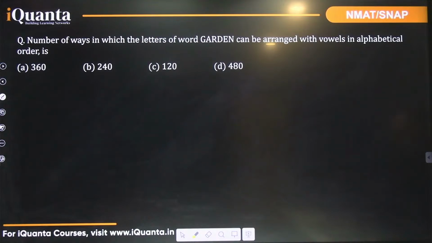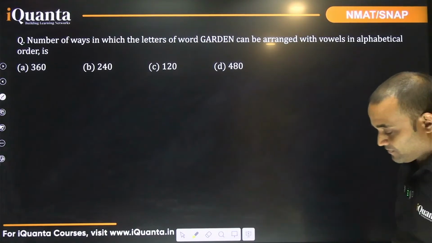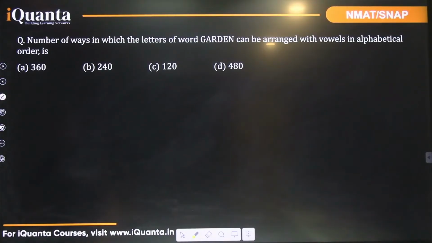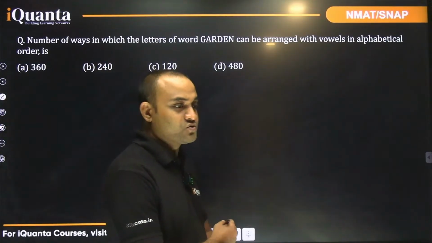What will be the number of ways? Alphabetical order. So 360 is the answer.